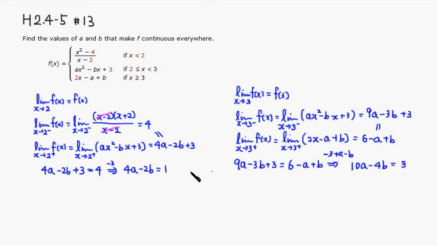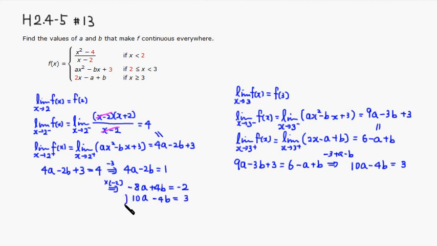Alright, then what we can do is multiply the first equation by negative 2. Right, that way you will have negative 8a plus 4b is equal to negative 2. And I'm going to copy this, so we have 10a minus 4b is equal to 3.